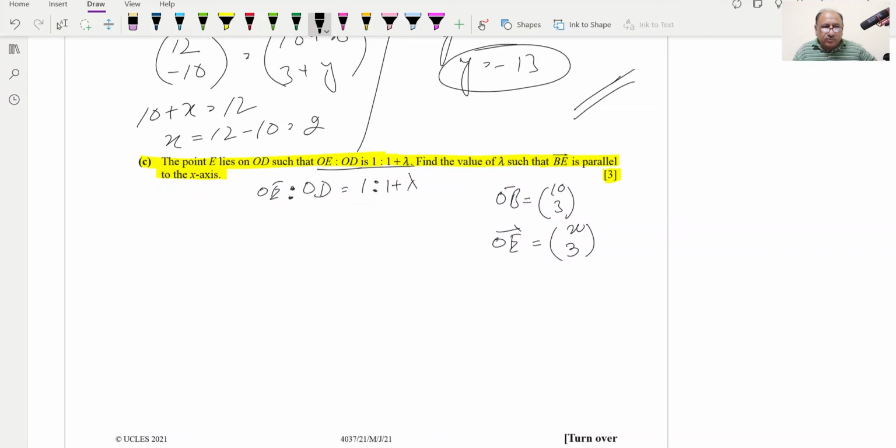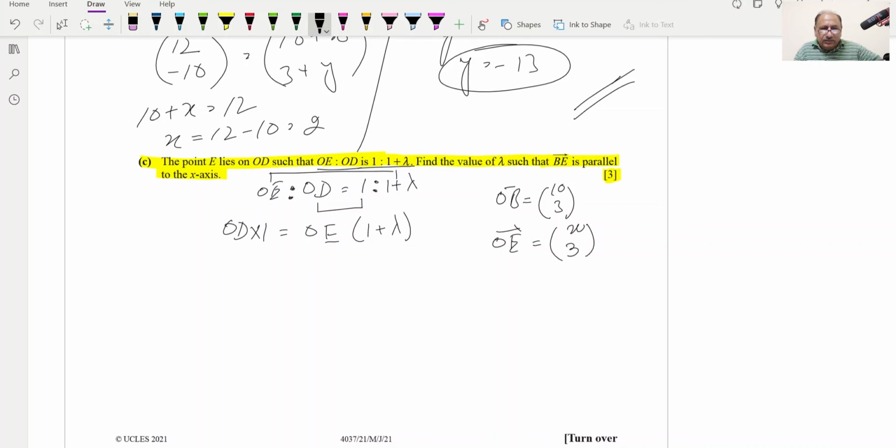This is the equation which we formed. OD multiplied by 1, and OE multiplied by the outer one, so OE will be multiplied by 1 plus lambda.